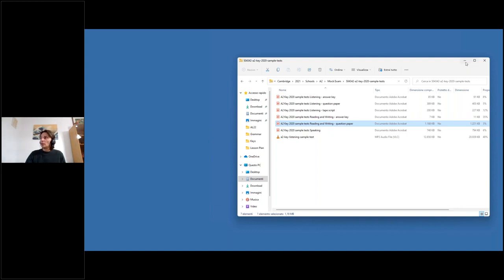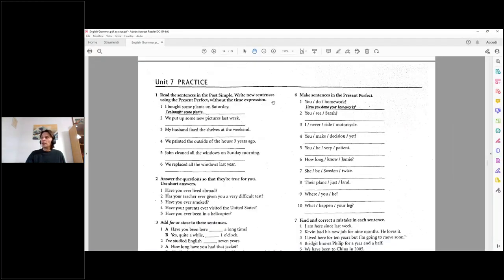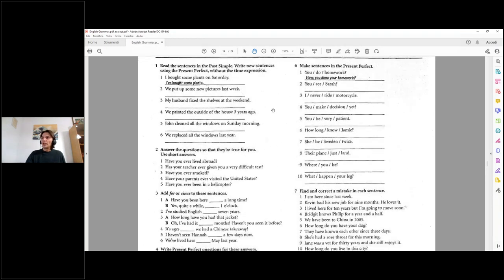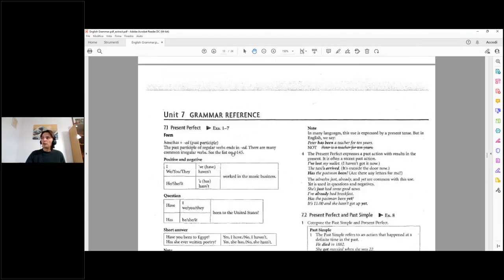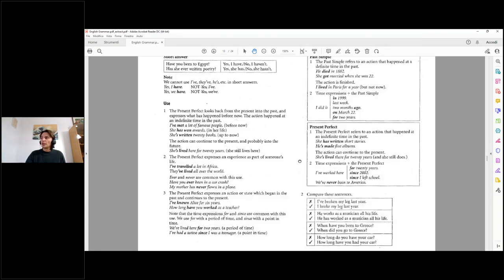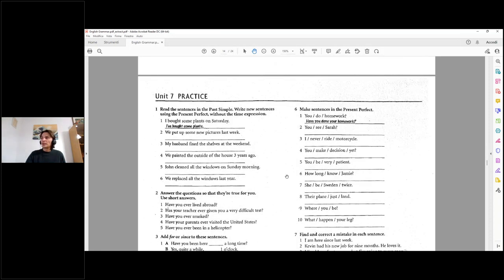Meanwhile, we are going to take a look at this grammar that we did last time, because present perfects were a little bit challenging in my opinion. Okay, so we're going to look at the practice.